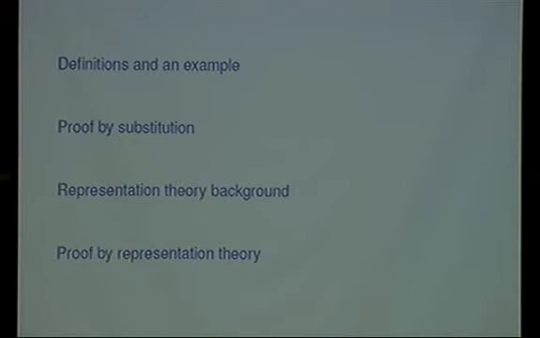There's proof by substitution of roots of unity, and so the second section will give you an example of that kind of proof. And the other kind of proof uses techniques from representation theory, and in order to give that proof, I'm again not assuming that people know anything about representation theory, so I'll give you just enough representation theory to be able to understand the second proof, and that should finish off the talk.